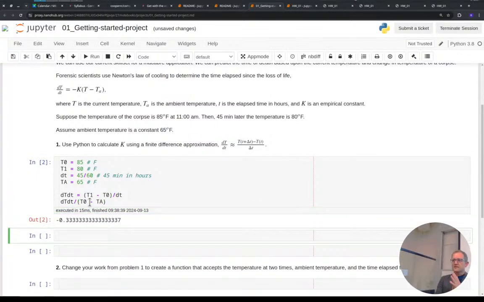Units are always important in general, but they become especially important when you're dealing with real physical measurements and computer code.